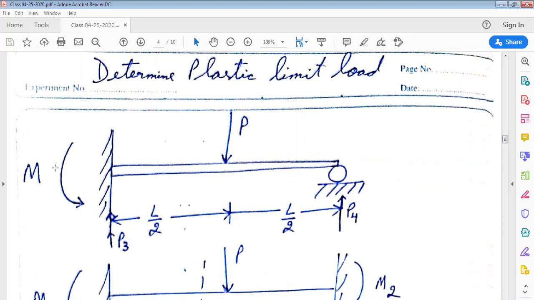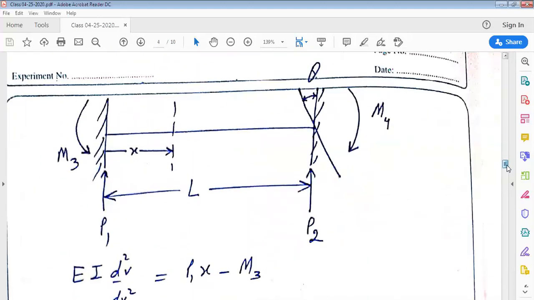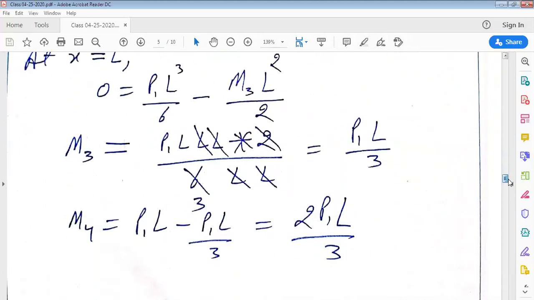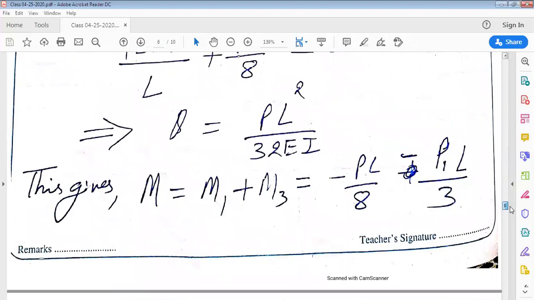And this bending moment at the left end of the original beam is equal to M1, which is bending moment at left end of this configuration, plus M3, which is bending moment at left end of this particular configuration. So now capital M equal to M1 plus M3 equal to minus PL by 8 minus P1L by 3.